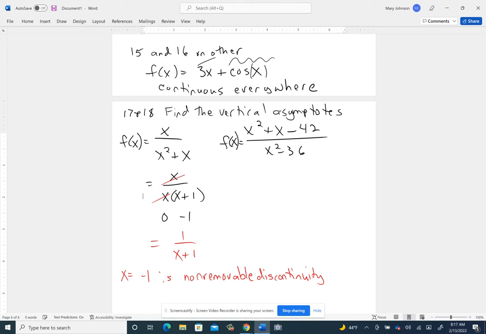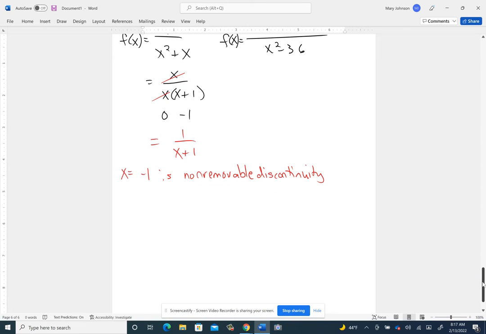If you did the limit as x approached -1, it turns out to be a vertical asymptote. Like you could prove it to me. If you did the limit as x approached -1 from the left, and the limit as x approached -1 from the right, you would get positive infinity on one of them and negative infinity on the other in this case.